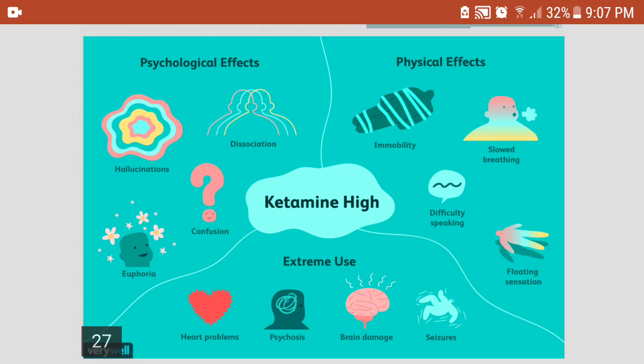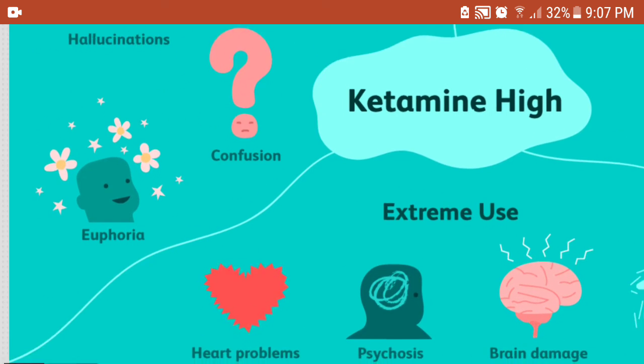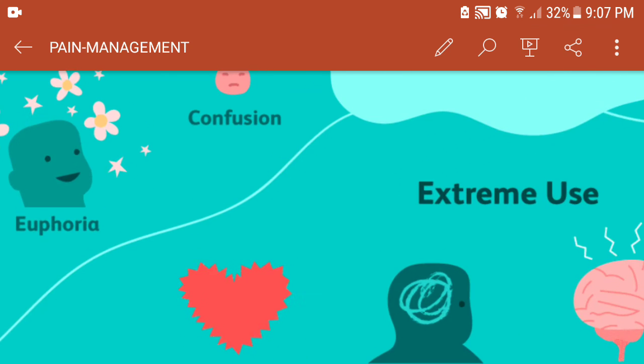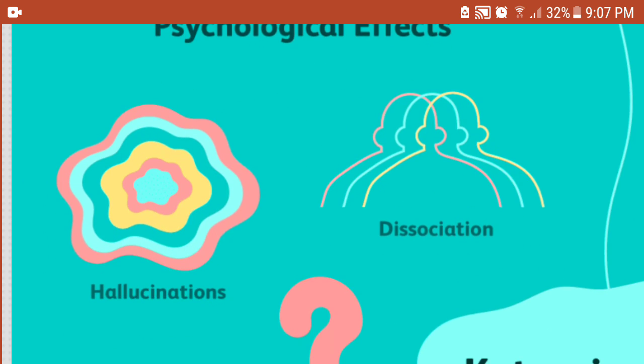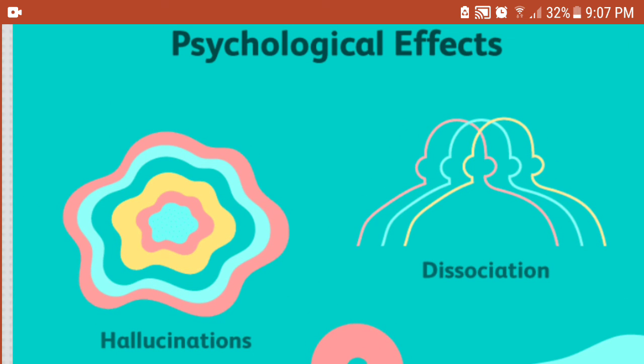So, ketamine side effects. They include euphoria. That's why ketamine is an abusive drug. Hallucinations. That's why we don't use ketamine with patients who have poorly controlled mania or poorly controlled psychosis, such as bipolar disorder.